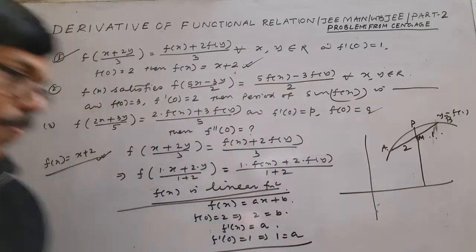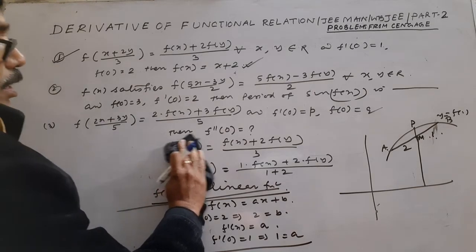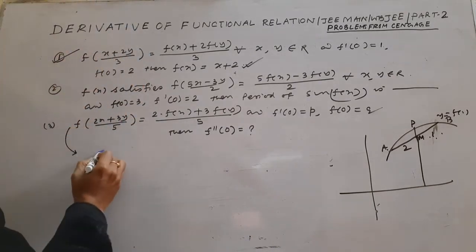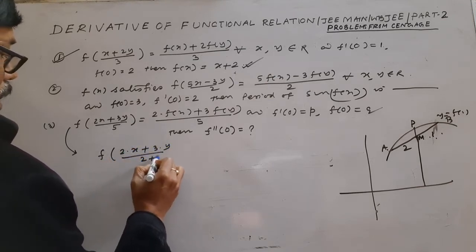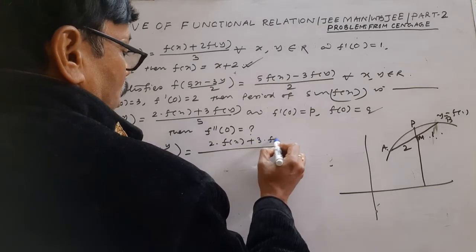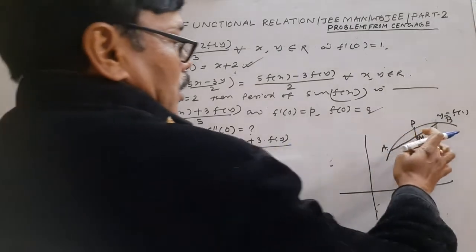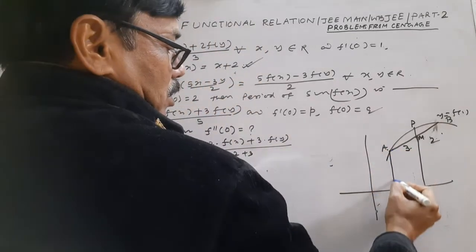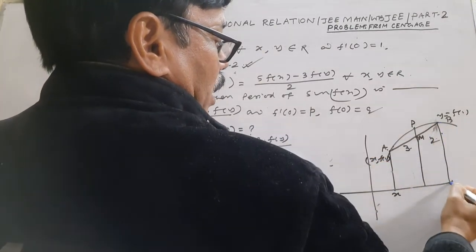Similarly, look at problem number 3. This is the given relation: f((2x + 3y)/(2+3)) = (2f(x) + 3f(y))/(2+3). So 2 into f(x), this is x, and 3 into f(y), this is y.